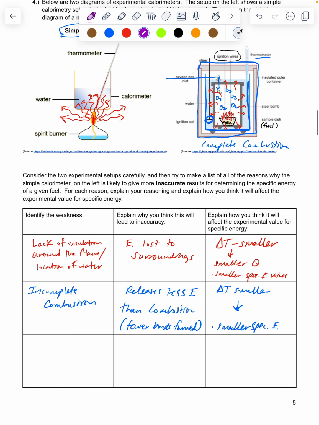Okay, and the last major thing, although there's still a few things, is that we can see in this one, the water is completely surrounded and insulated. So that's going to trap heat in. As the water warms, heat's going to leave the water, but it will get reflected back in, and it will stay inside the bomb calorimeter because there's this insulating layer on the outside.